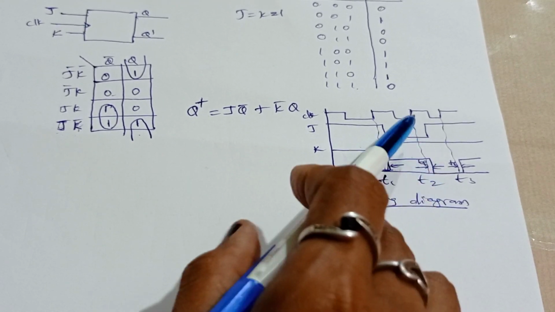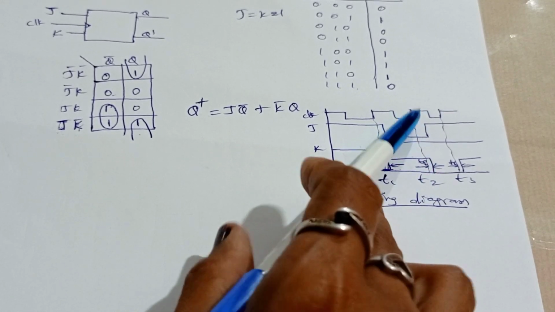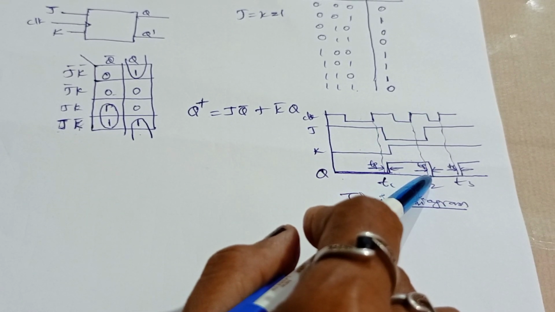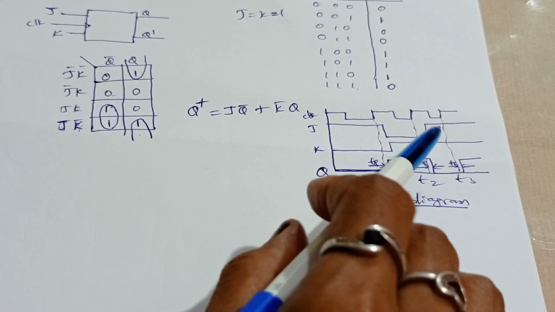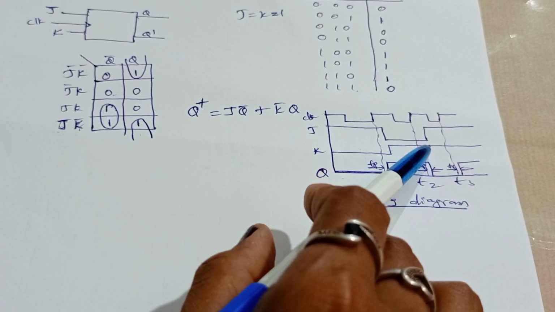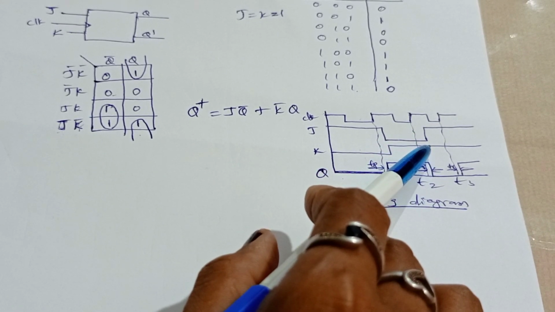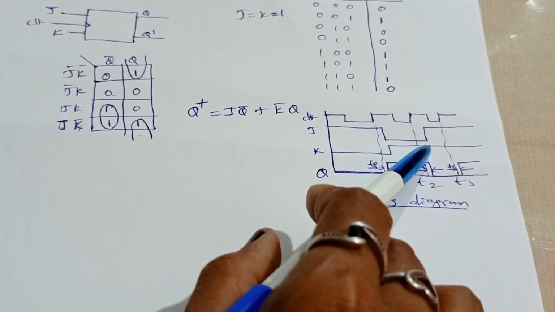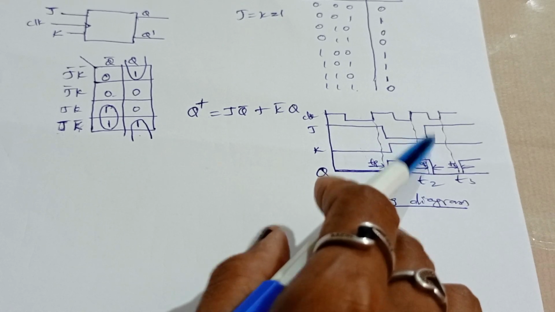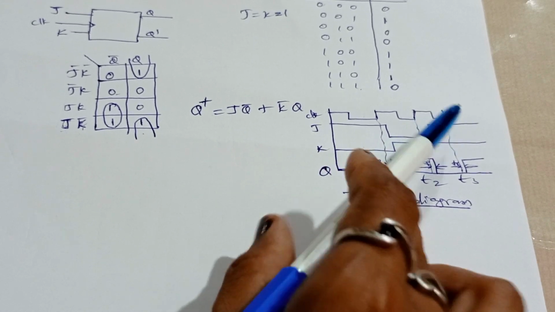This is the rising edge. Similarly, when J is equal to K is equal to 1, both are 1 here, Q will change state after the rising edge. Here after the rising edge, Q is changing state.